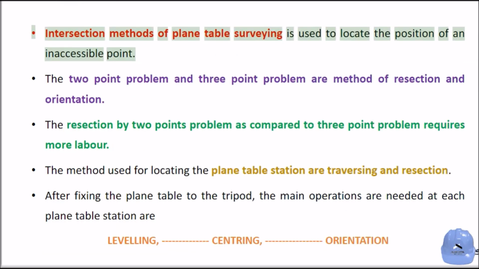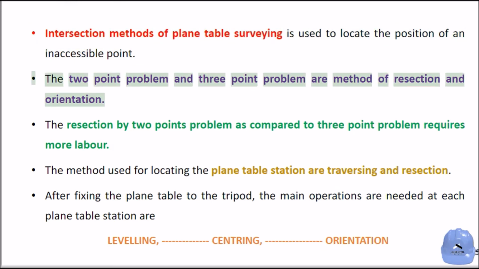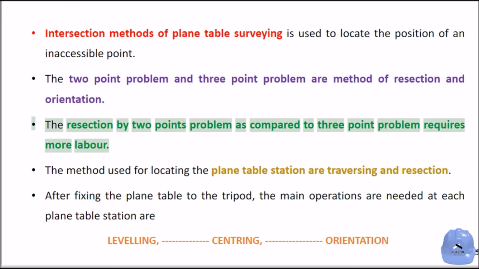The intersection method of plane table surveying is used to locate the position of an inaccessible point. The 2-point problem and 3-point problem are methods of resection and orientation. Resection by the 2-point problem, as compared to the 3-point problem, requires more labor.